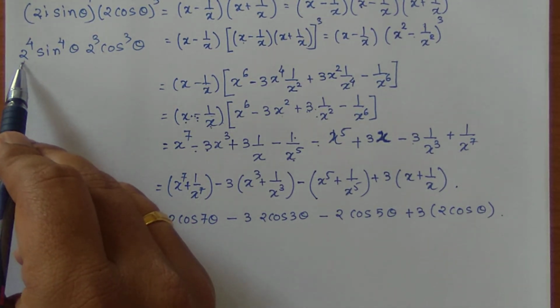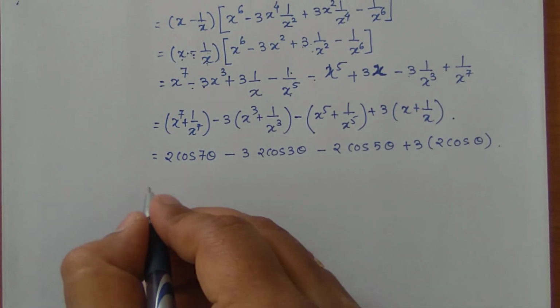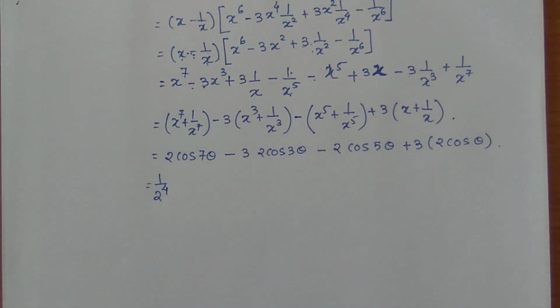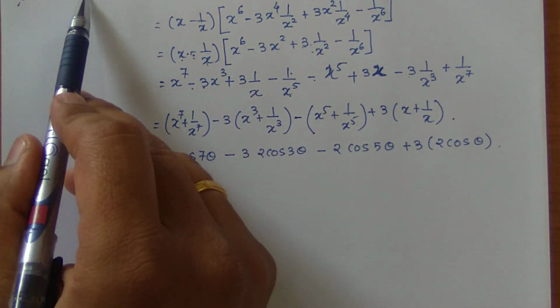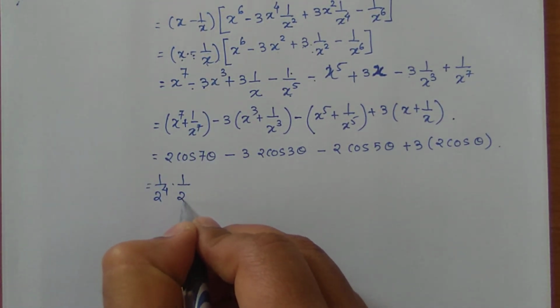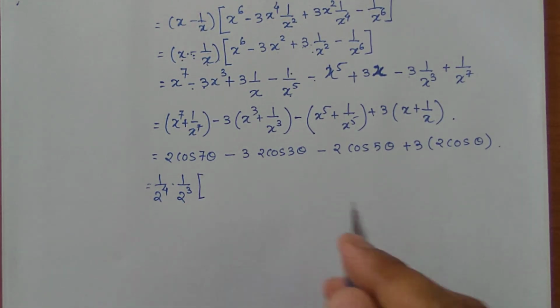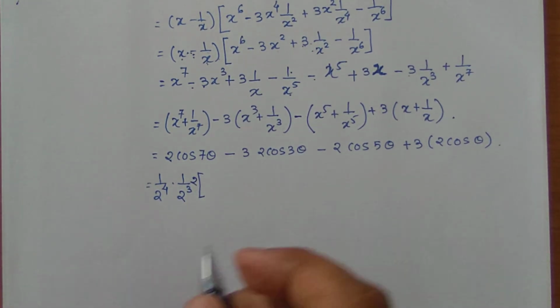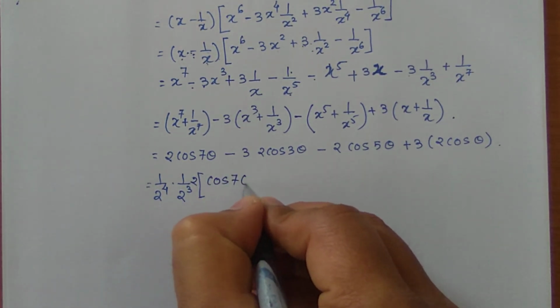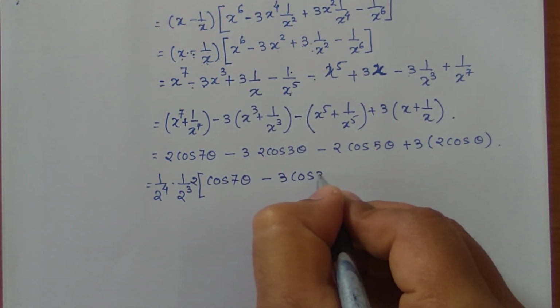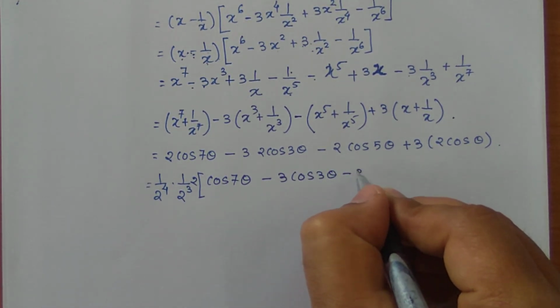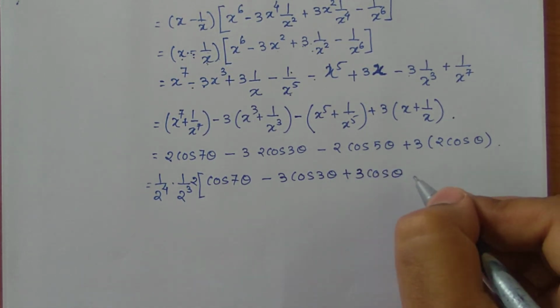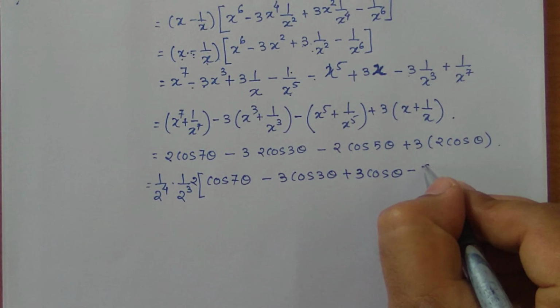From this we are taking 2^4 to the right hand side, we get 1/2^4, and this 2^3. So this is 1/2^3 into bracket. Now just have a look, we can take 2 common from all. So we write 2 outside. Now this is cos 7 theta minus 3 times cos 3 theta plus 3 times cos theta minus cos 5 theta.